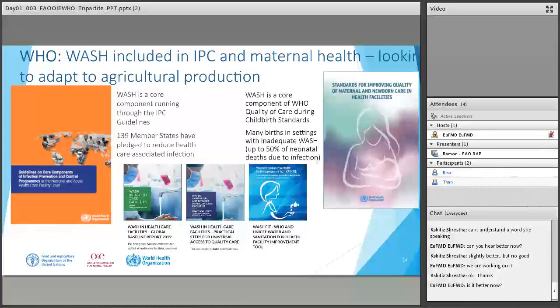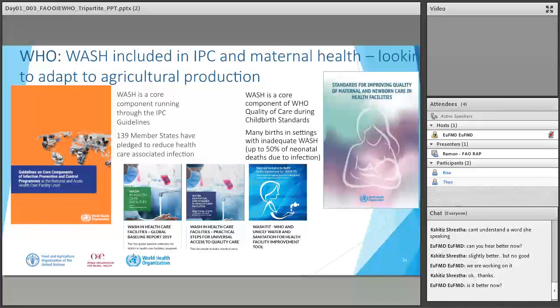Again, carrying on this theme, WHO has produced guidelines on infection prevention and control within hospitals. So this is very much for nursing staff, for doctors, and also for support and ancillary staff.